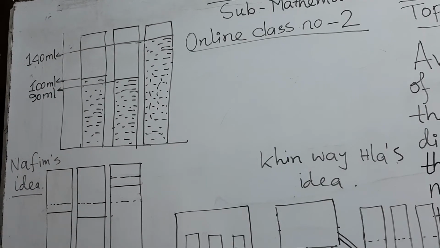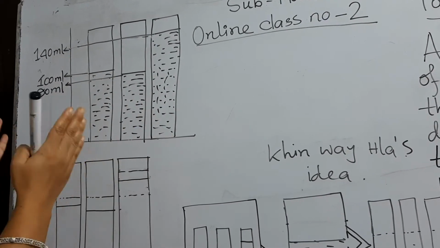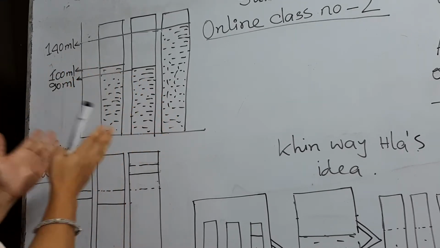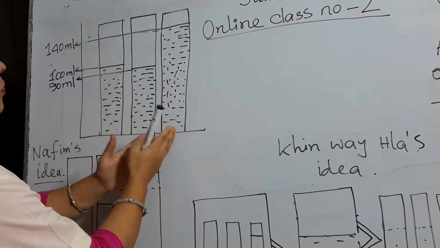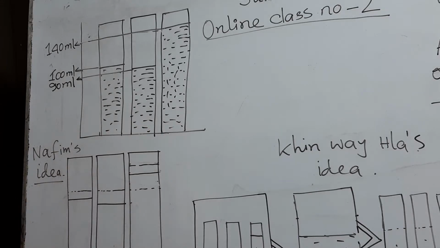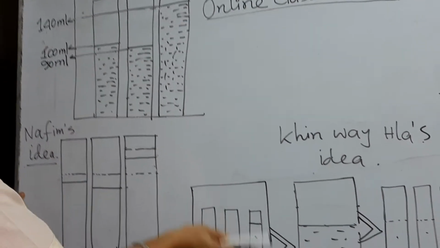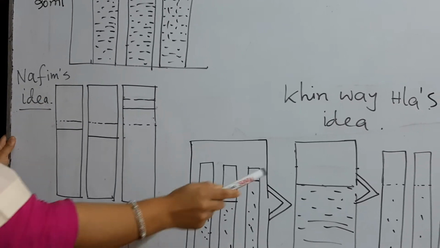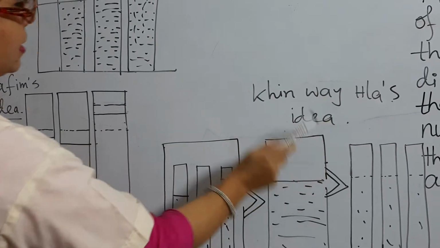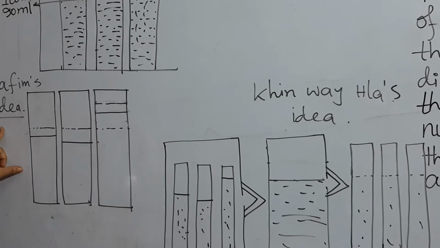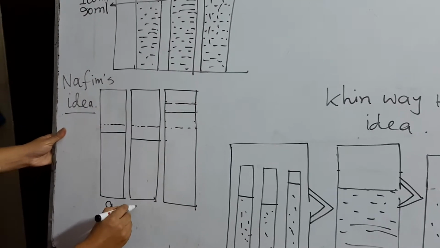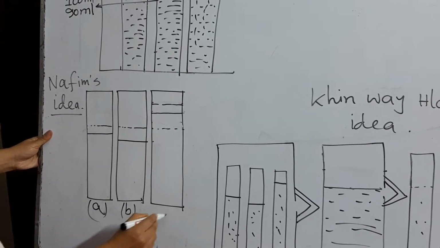Okay, dear students. So you have been asked to find the average quantity of water in each pot. Here 2 ideas have been shown to you in your pictures: one is Nafim's idea and another is Kingwala's idea. So Nafim's idea is this. Nafim thinks that this is the A pot, this is the B pot, this is the C pot.